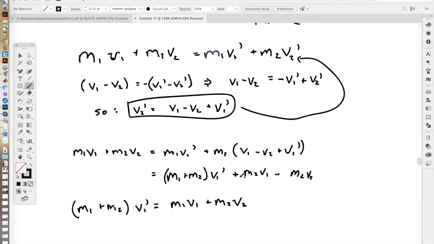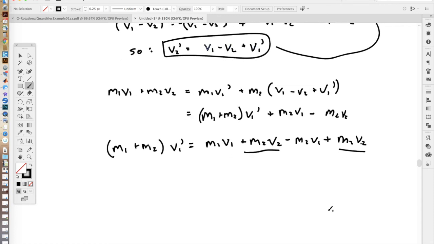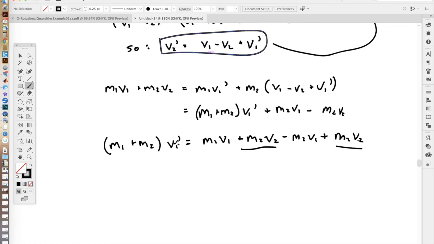And then from this we subtract off these two terms here. So we have minus m2 v1 and then minus minus, so this becomes plus m2 v2. Okay? And you see here we have m2 v2 over here, and we have m2 v2 over here. So we can combine those.